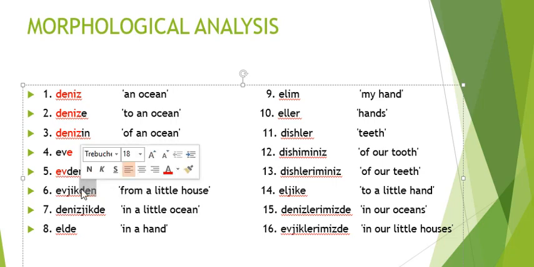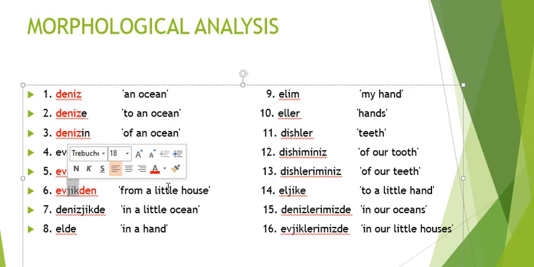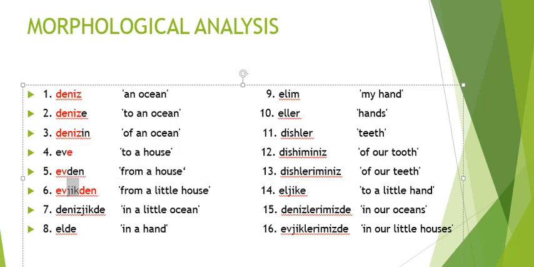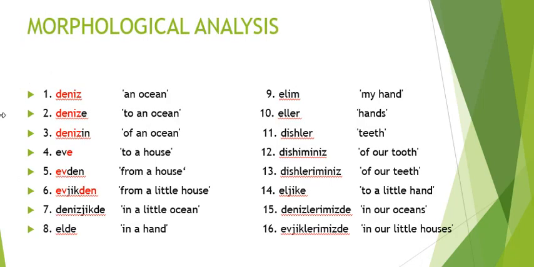So you color then, because from is then. House, how do we say house in Turkish? House, remember, is ev. So that means that little in Turkish is jik, okay, little in Turkish is jik. And you continue analyzing this way the different structures.